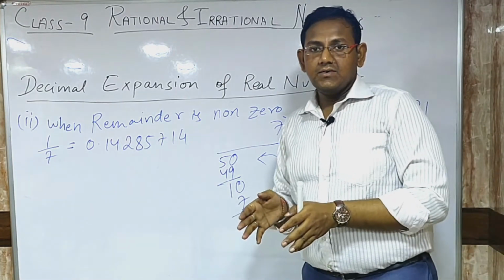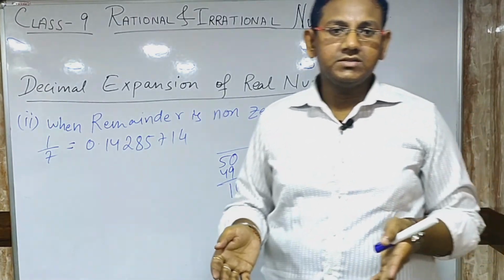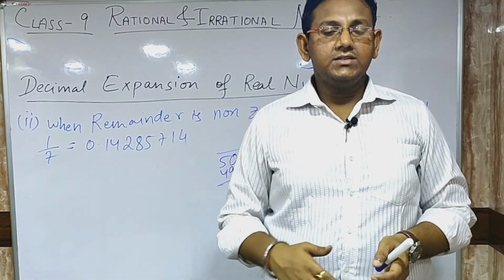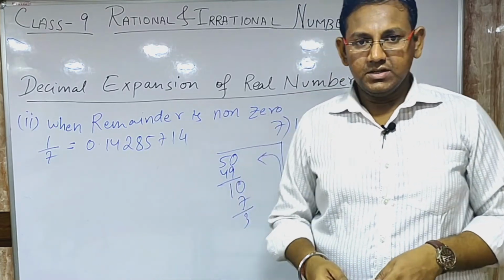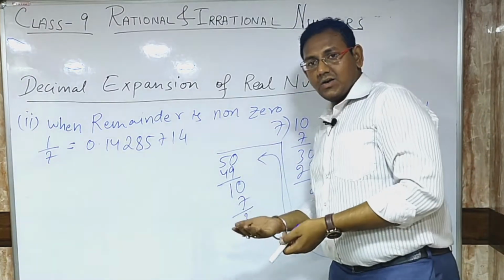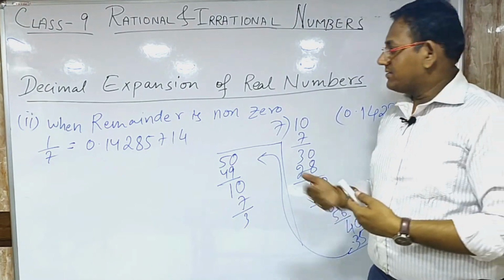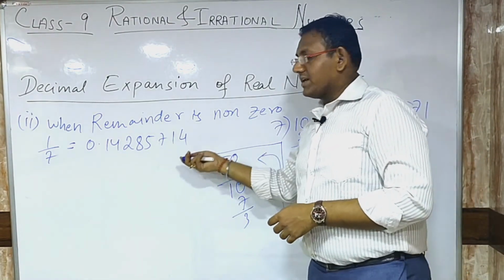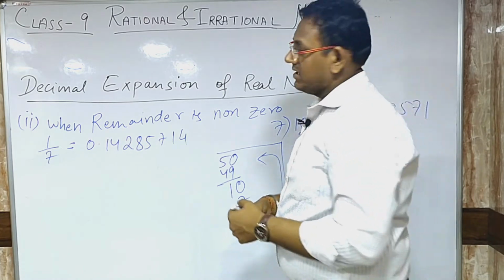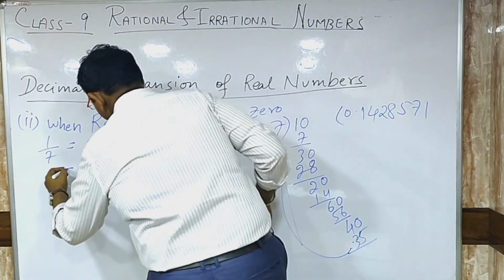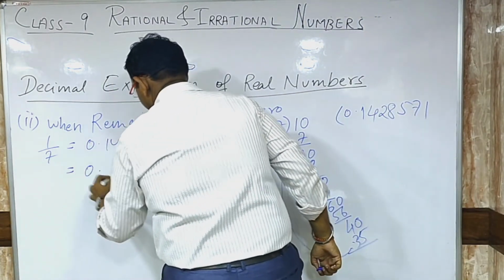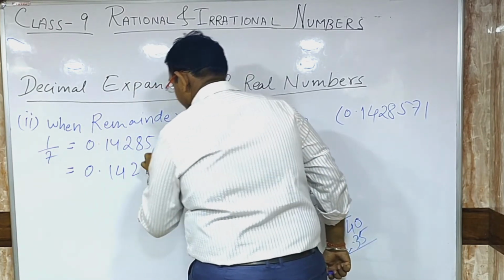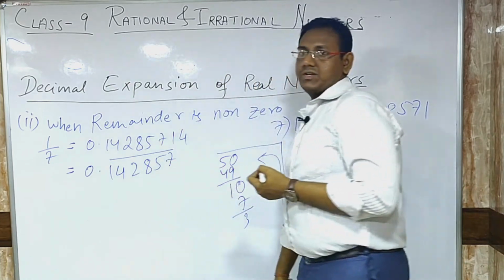So basically we have two different types of numbers. The first one is terminating and the second one is non-terminating. In the case of non-terminating, there are examples which are also called recurring numbers. This recurring number can be written as 0.142857 with a bar over it.